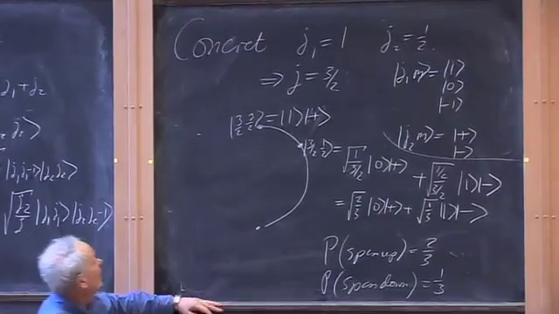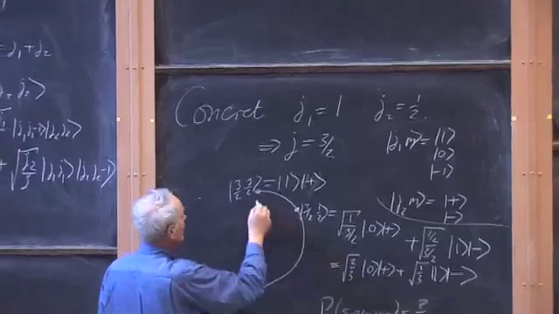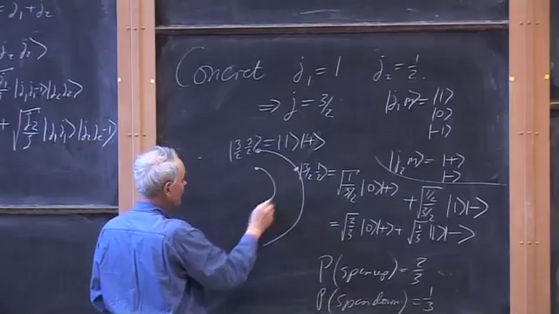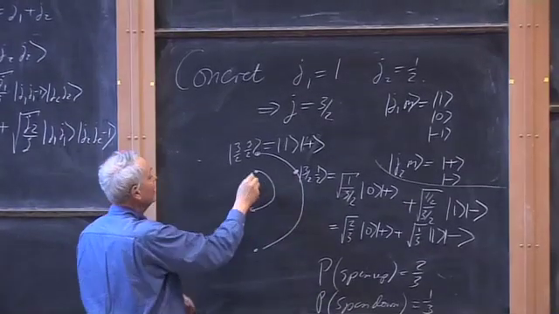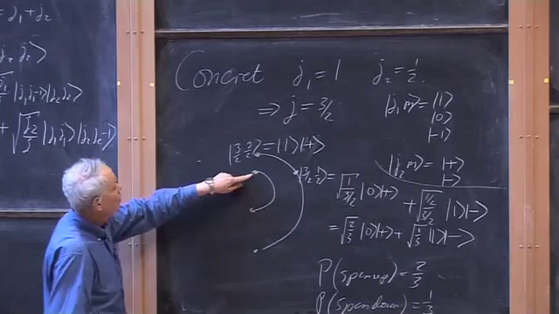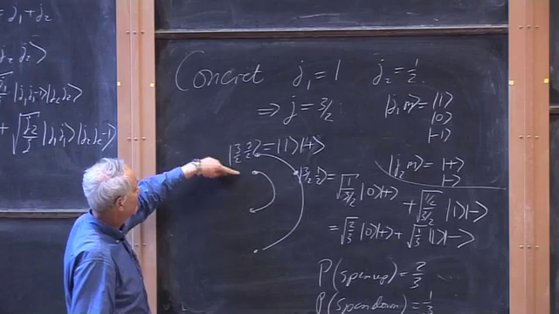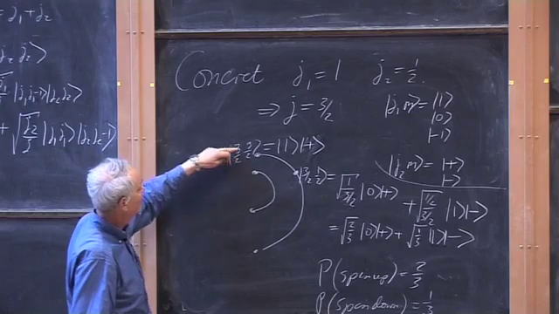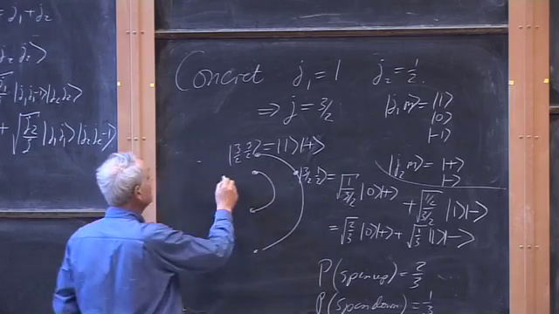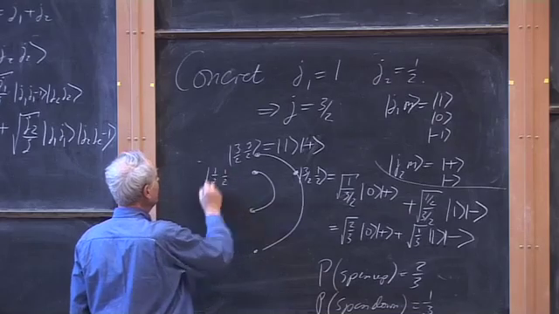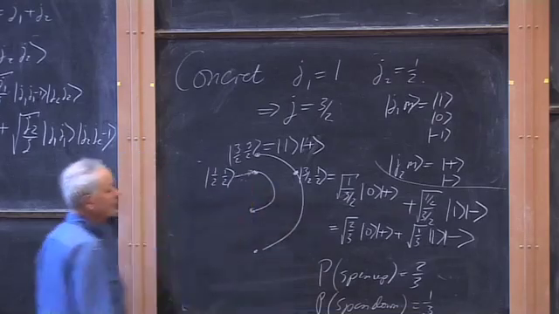Okay, so now let's ask, what's this state here? There are some more states to find. This is the state in which we have 1 unit less of angular momentum than we have on the outer circle. So this is the state, a half of the box.